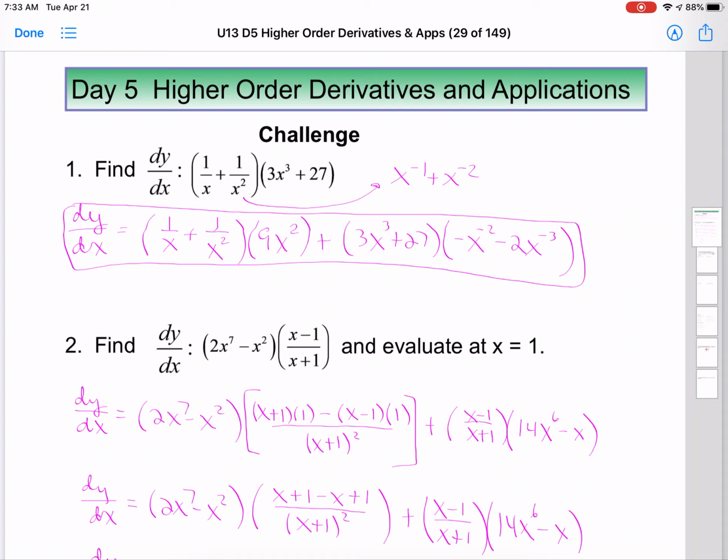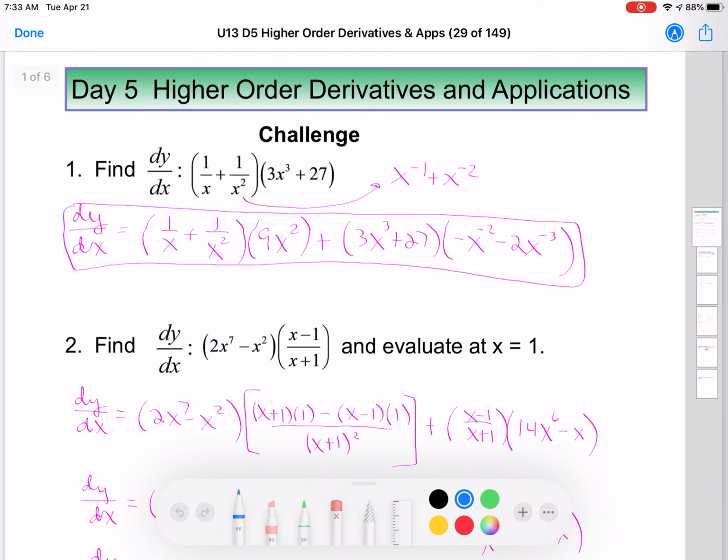So the first one is product rule, right? So I can see that I have first and second. So I have first times derivative of the second plus second times derivative of the first. Now, when I do the derivative of the first, I took this and I changed it over to look like this. If I don't change it, I have to use the quotient rule on that, and that's crazy.